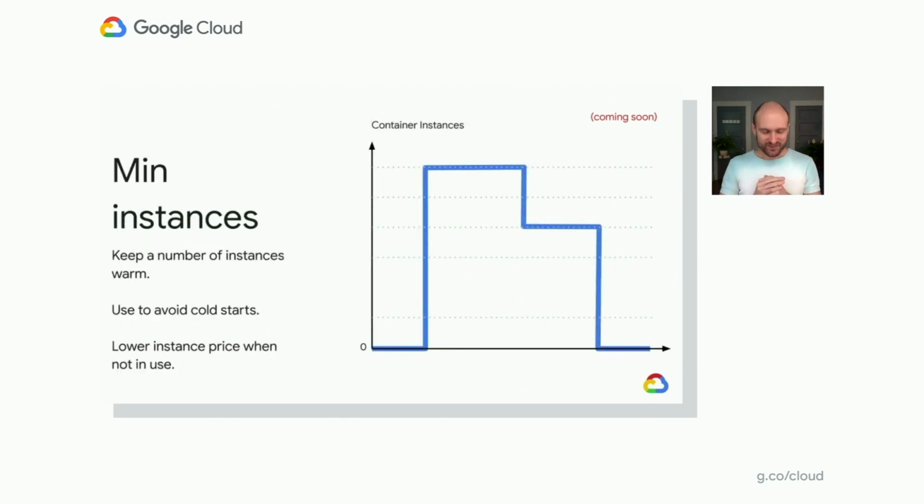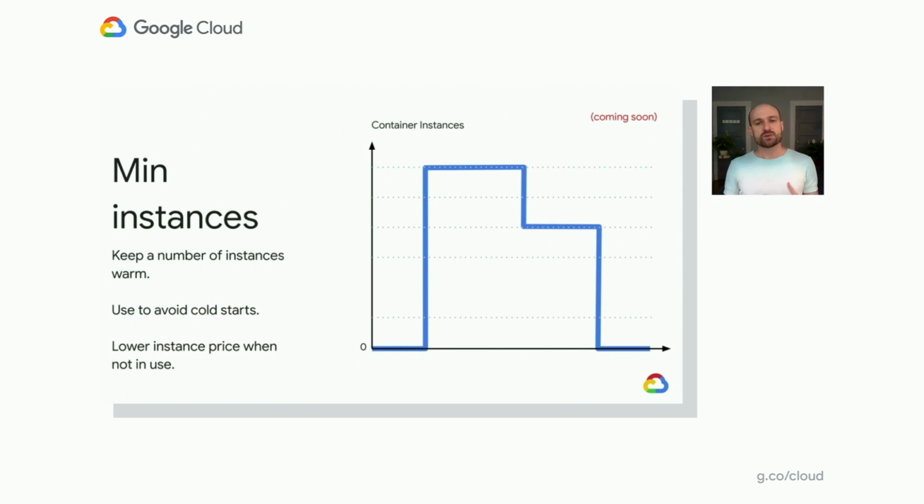Next, once again, we are delivering something that a lot of you have been asking for. Today, as I mentioned, Cloud Run auto-scales, and notably scales down to 0. So that's great, but that means that when there is no traffic and suddenly there is traffic that comes in, you have what we call a cold start, which is the time it takes to go from 0 container instances to 1 container instance or more. And this usually depends a lot on what your container is doing at startup time.